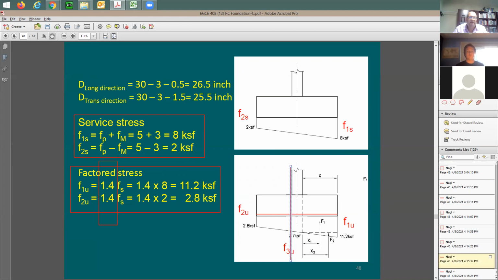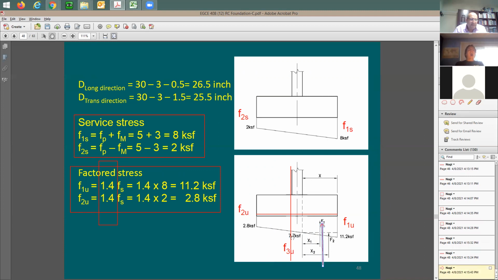Now which one do you think is going to give me a higher moment? This section, when you look at the force coming from this side, is going to be one case. And the other case, look at the force on this side and look at the section on this side. So my question is, the right section or the left section? Which one do you think I need to consider in my analysis? The right. Why?